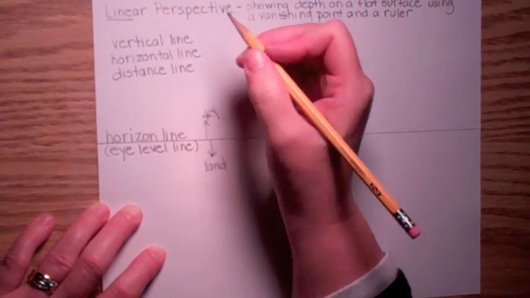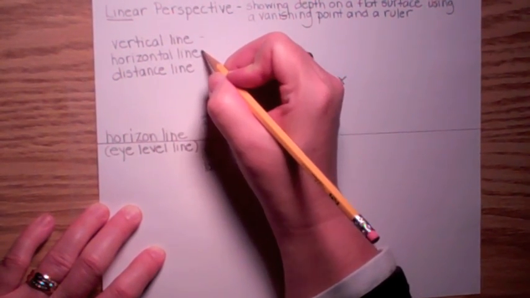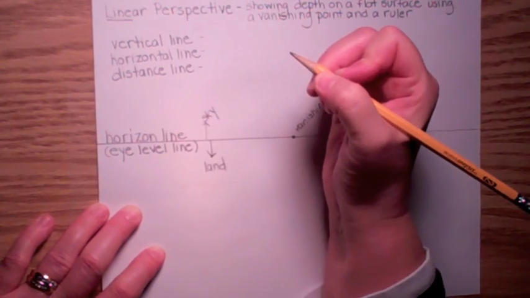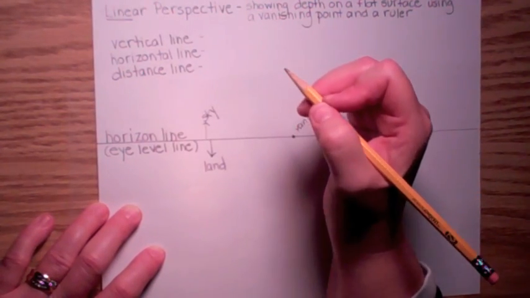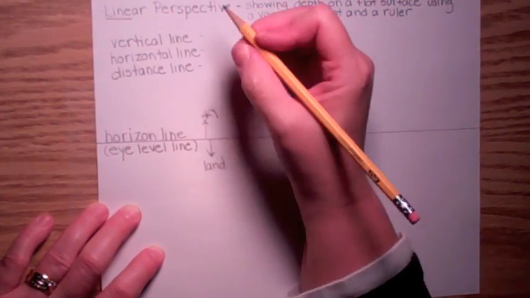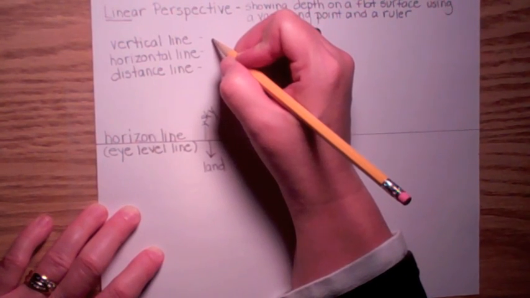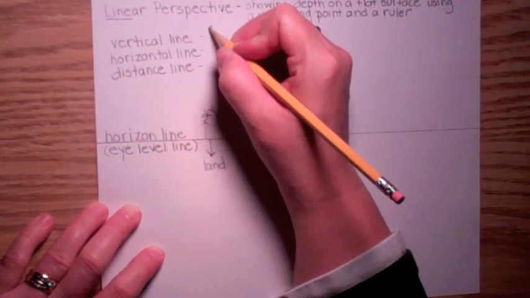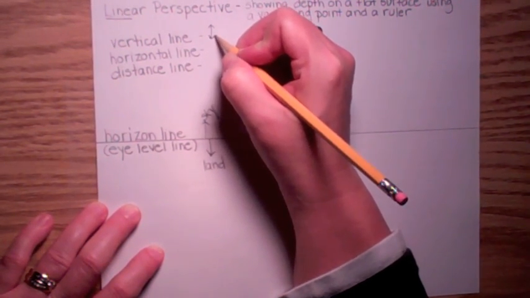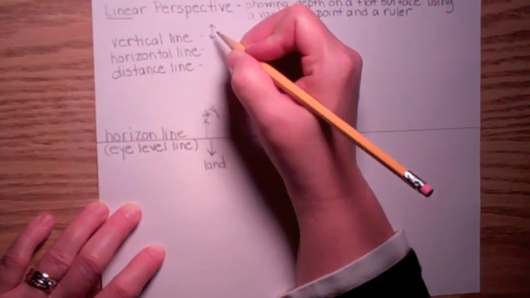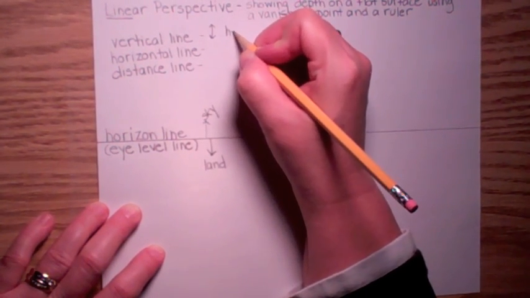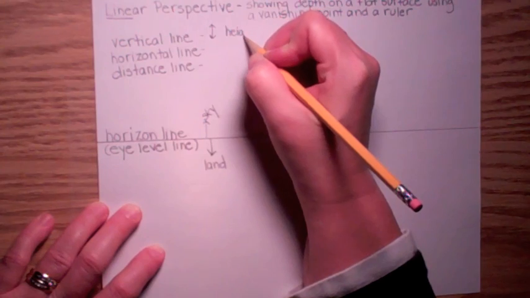Now when we look at a picture or a painting or a drawing, vertical lines give us certain information. They tell us how tall things are. So you know vertical lines go north to south or up and down, and they show height.